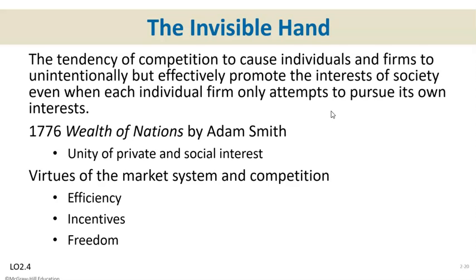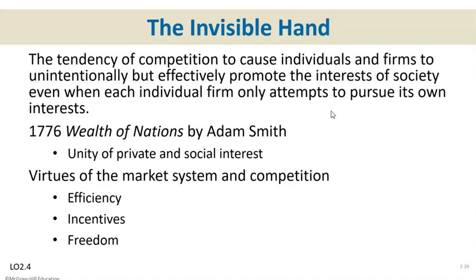We have individuals and businesses that are promoting their own self-interest. We talked about how individuals are trying to maximize their utility and businesses are trying to maximize their profit. What happens in the market system, in this competitive environment, even though all of these people focus on their own self-interest, is that it ends up being in the best interest of society.